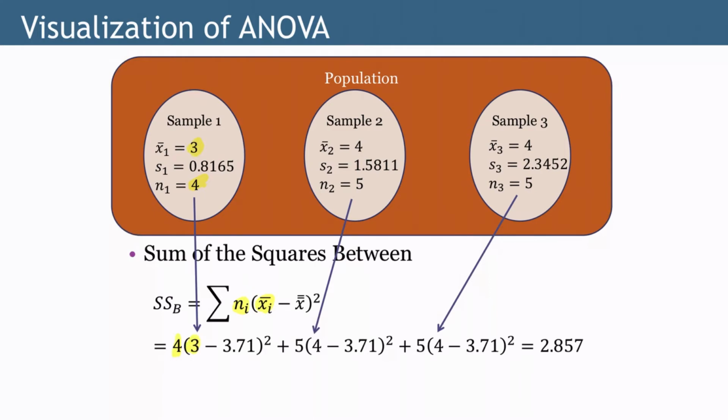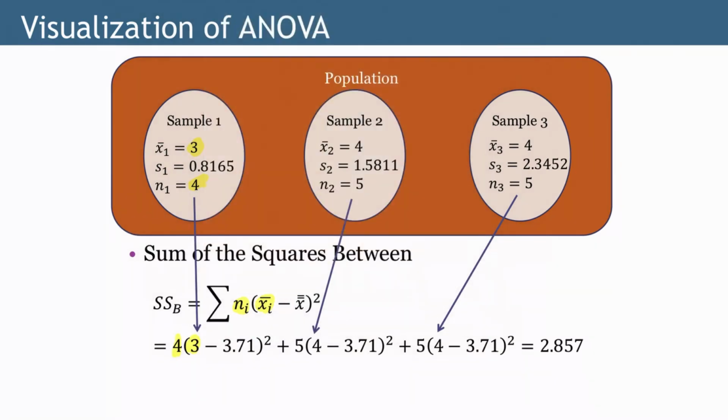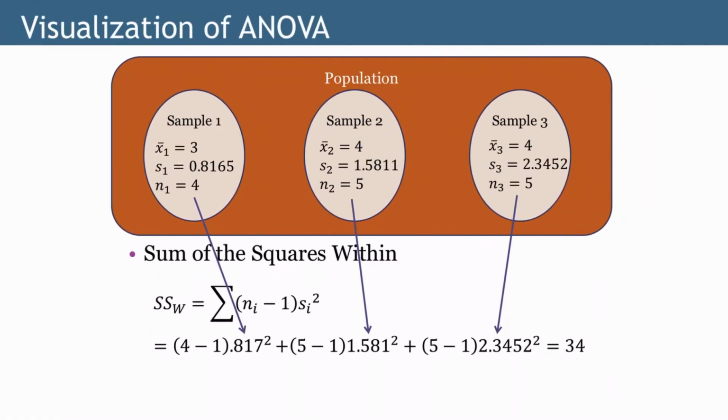And then the grand mean, which is a little bit different, right? That's not from within the sample, that's kind of outside of it, but there it is. So we did that for sample 1, then we'll do it again for sample 2, do it again for sample 3, add them all up. So there's your sum of squares between, and we get 2.857.